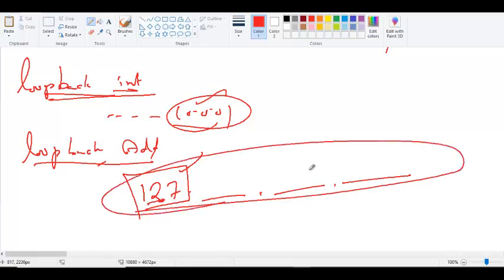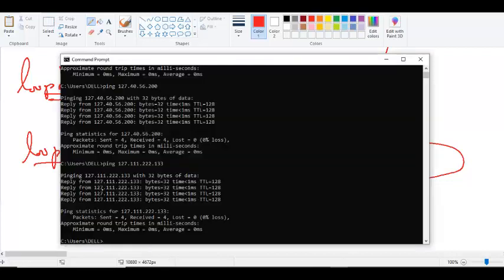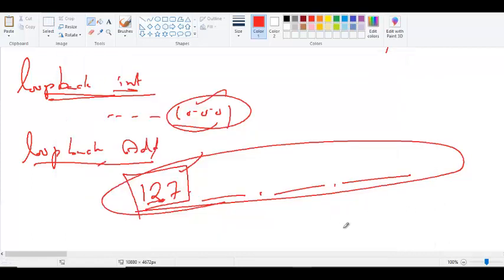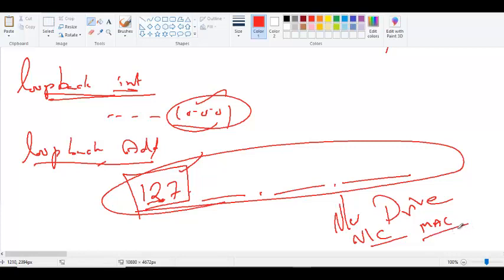So when someone tries to ping 127 and so on, the operating system should immediately check whether the system has a proper network driver, network interface card. Only when you have a network interface card will you have a MAC address for your computer. Without a MAC address, can you communicate to the network? Without a network driver, can you communicate to the internet? No. So immediately your operating system will check these things.